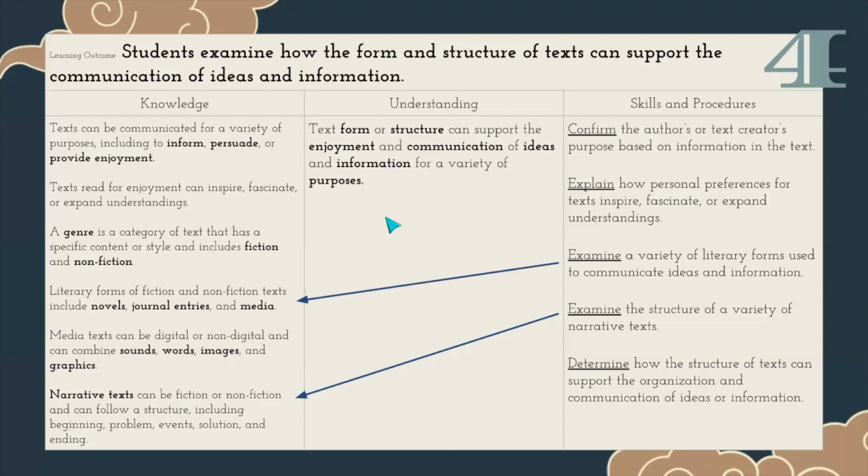And so maybe there's pieces in here that students can talk about in conversation. Maybe there's things in the skills and procedures that we can observe students doing. And maybe there are verbs in here that actually require some sort of a product. So whether that's a written thing or a performance, whatever it looks like. So the verbs really are important to guide us to make sure that what we're asking of students is what we're supposed to be asking of students.